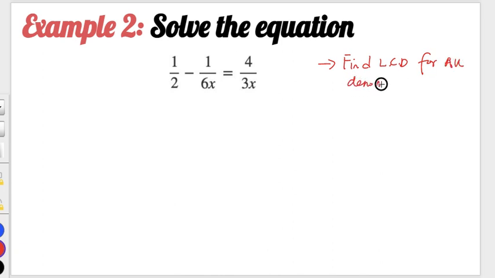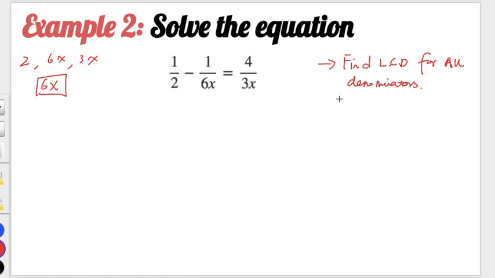When I say all, meaning you have to examine every single denominator and see what we can do. 2, 6x, 3x. Number-wise, it's 2, 6, 3. So some students probably already figured out the common denominator for this one is 6. One has no variable, the other one has this. So that's why we need to put x in order to cover all components.